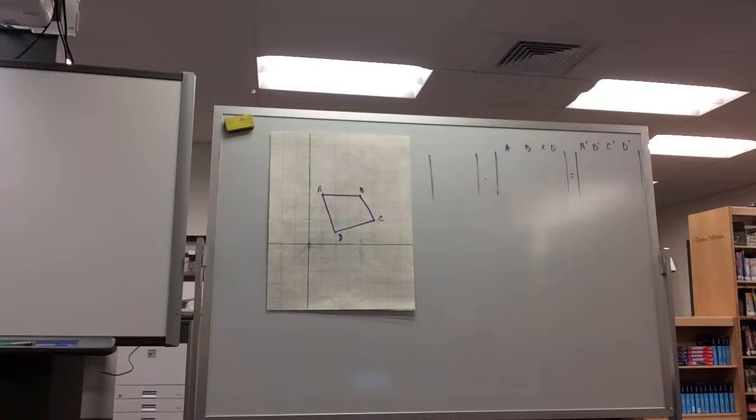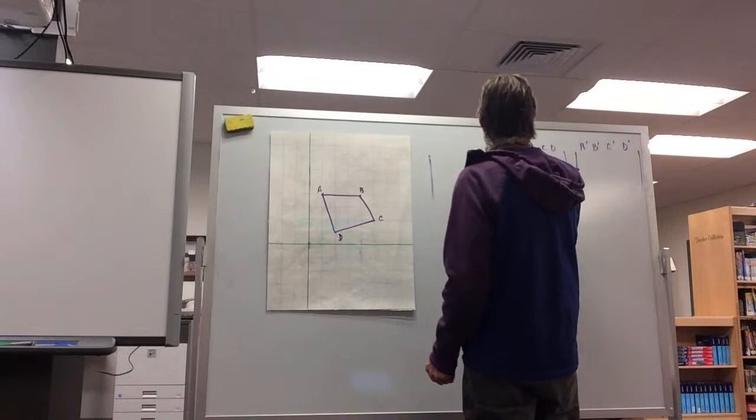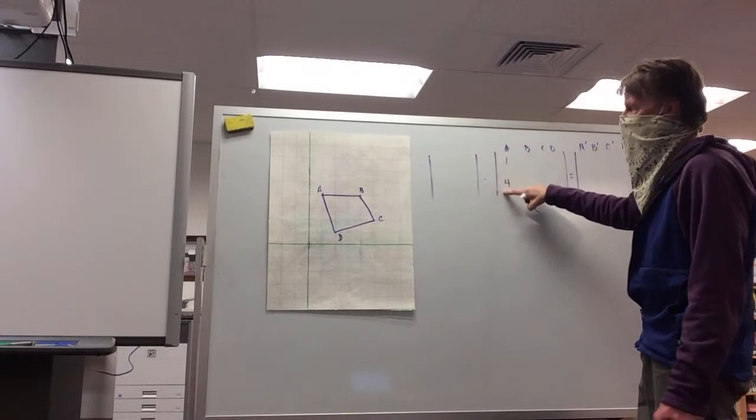So, come up with some kind of simple design, and then come up with what its pre-image matrix would be. Remember, these are the x values, these are the y values, right?